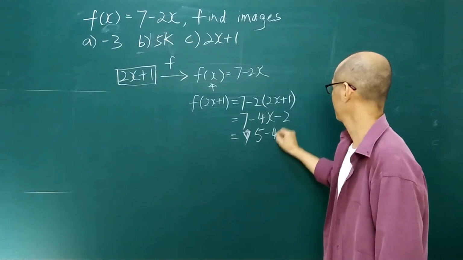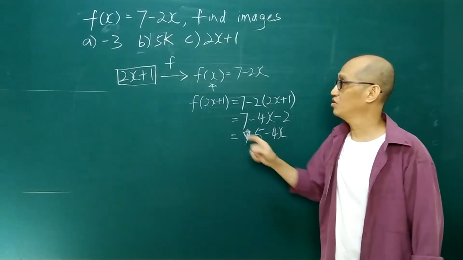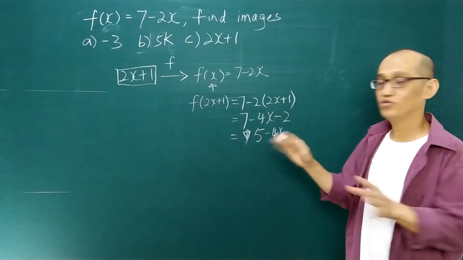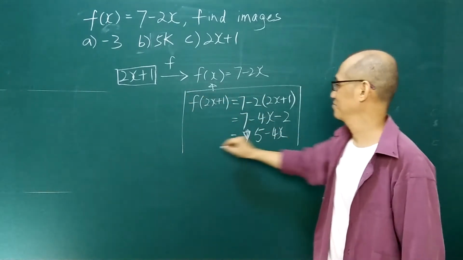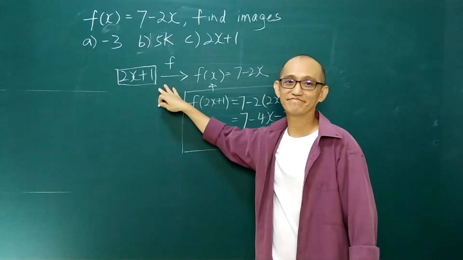Fine. So this is the image for 2x plus 1. Well, when you do the maths, it is enough for you to do this part. Okay? This is just for explanation for you.